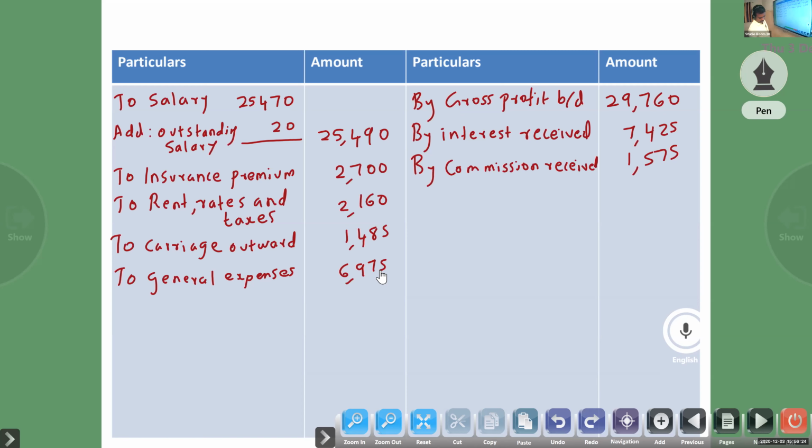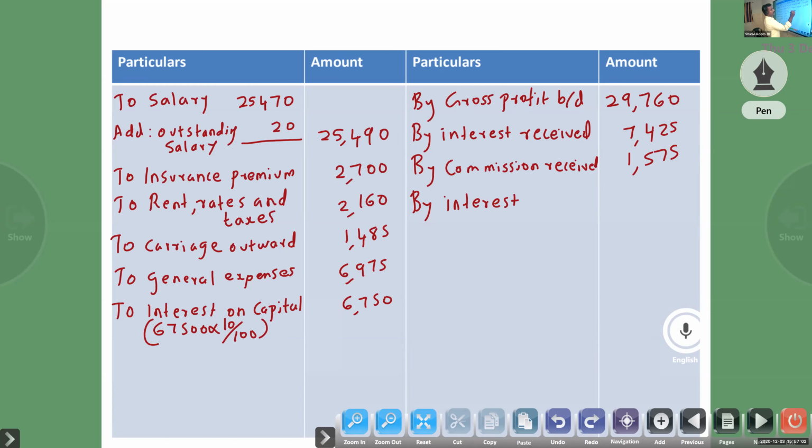Now adjustments. First, closing stock, already we wrote. Interest on capital: on the profit and loss account debit side, and we have to add it to the capital. It is calculated on the basis of capital. Capital is given in the trial balance, 67,500 into 10%, 6,750. Next, interest on drawings, credit side.